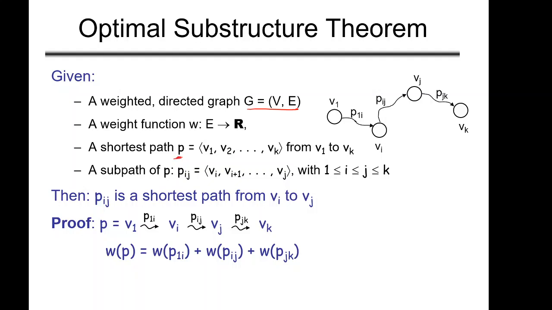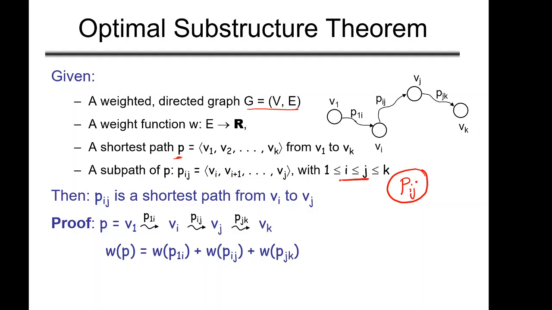For any i and j such that i is greater than 1 and less than k, let Pij be the path between the two vertices Vi and Vj which comes in the path.